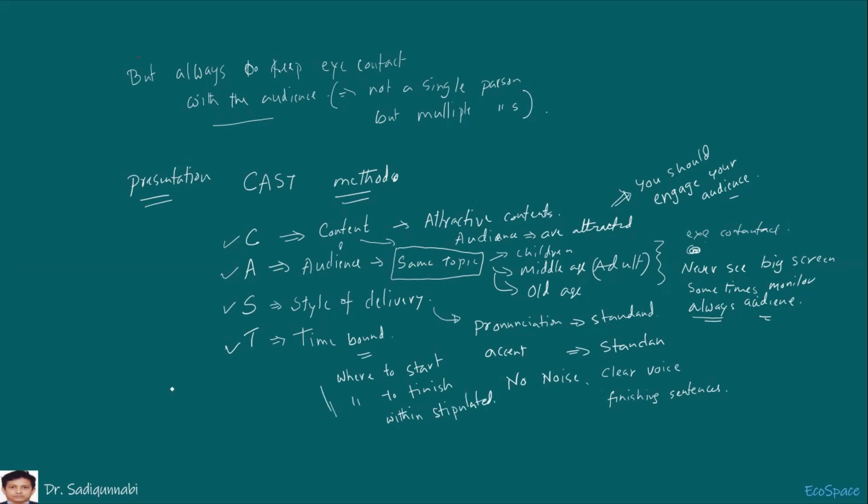As an examiner, I will give you maybe 3 to 5 minutes for presentation and 2 to 3 minutes for question answer. Okay, so these are the time allocation. If your slide is too much that you cannot finish, you just begin your slide presentation and then your time is over, then it is not a good presentation.